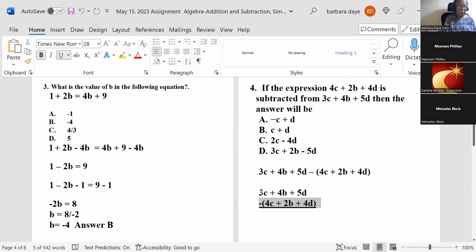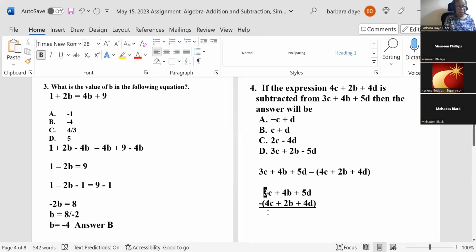Now you start from 3C and 4C, going left to right. With 3C minus 4C, what do we have? Because I'm looking at plus as the opposite of subtraction. Am I wrong?